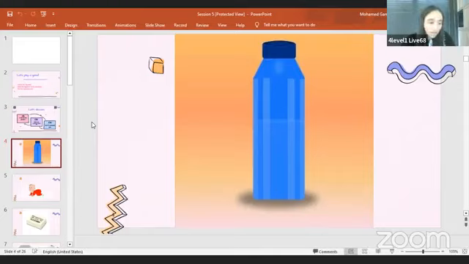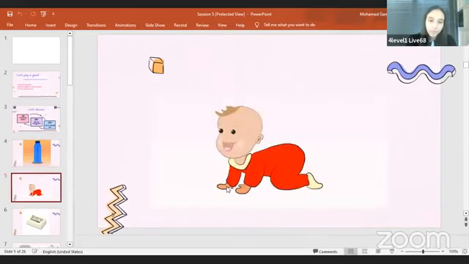Okay, do we have any guesses? What can you see in the picture? Okay, let's move to the second one. Tell me in the comments, what is this?